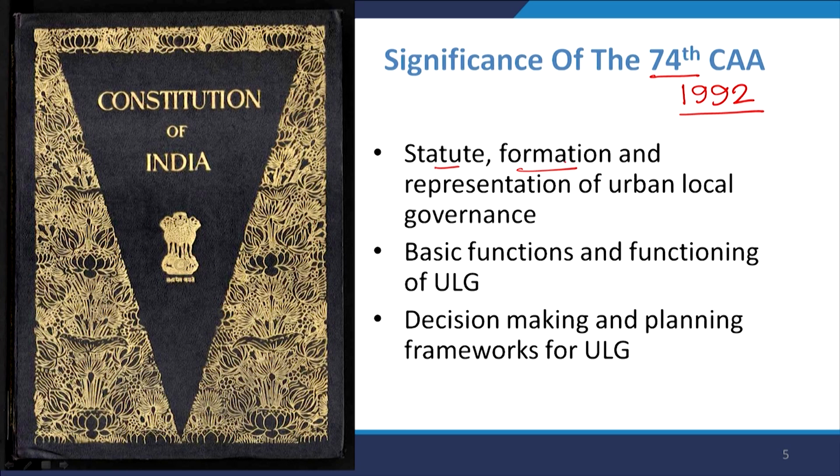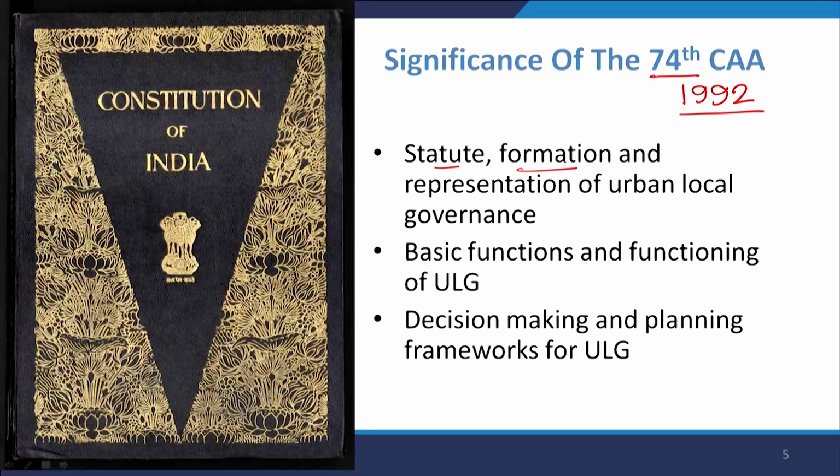Second, it also provides the basic functions and functioning of urban local governance, and it gives a framework of the decision making and planning which is required to be done at the city level by the urban local government. With the mandate of the 74th Constitutional Amendment Act, the local government is a complete government, and it has all power to be elected by the people and to make its own regulations. So, let us see the provisions one by one.